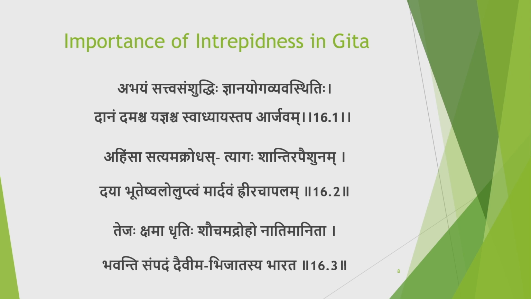Among that you can see that Abhay is the first. Abhayam sattva-samshuddhir jnana-yoga-vyavasthitih, danam damash cha yajnash cha svadhyayas tapa arjavam, ahimsa satyam akrodhas tyagah shantir apaishunam, daya bhuteshv aloluptvam mardavam hrir achapalam, tejah kshama dhritih shaucham adroho nati-manita, bhavanti sampadam daivim abhijatasya Bharata. So, like that he has told this.